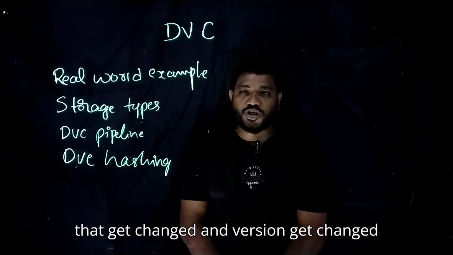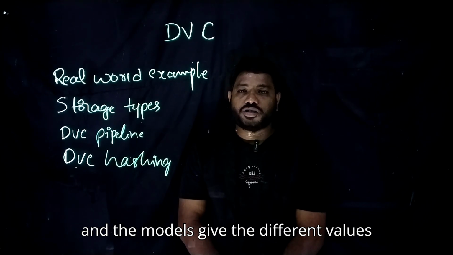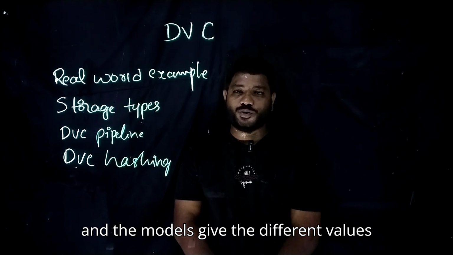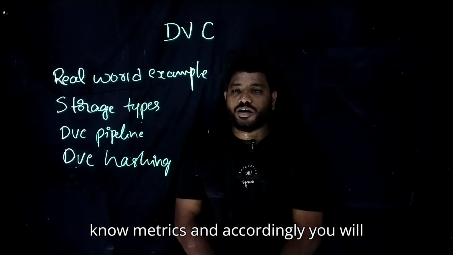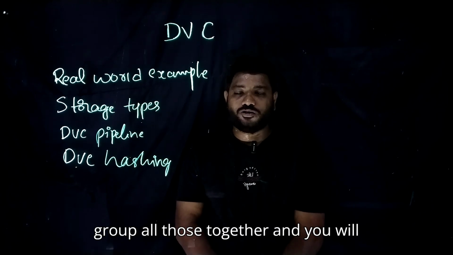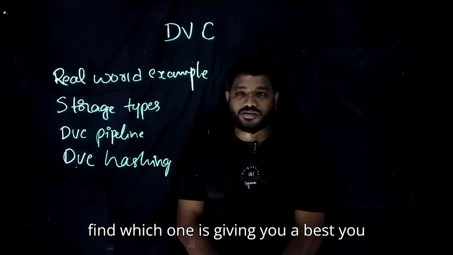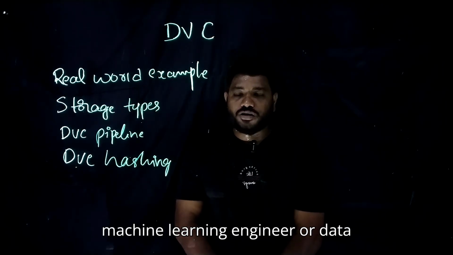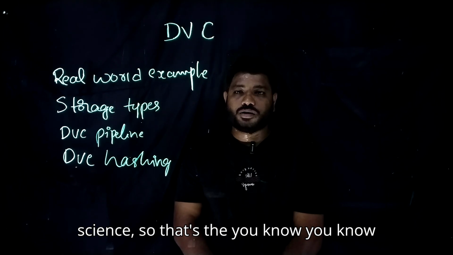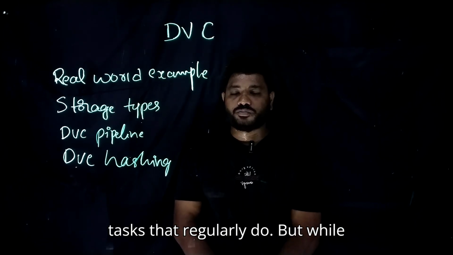The data changes, the version changes, and the models give different accuracy or different metrics. Accordingly you group all those together and find which one is giving you the best results. So that's the task that a machine learning engineer or data scientist regularly does.